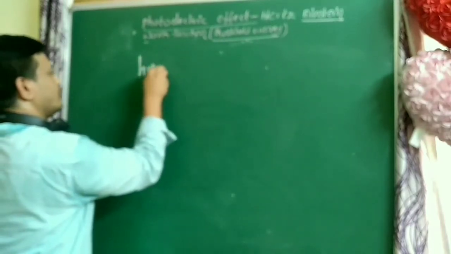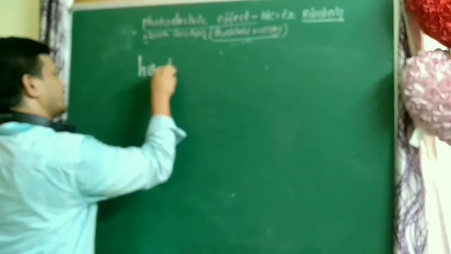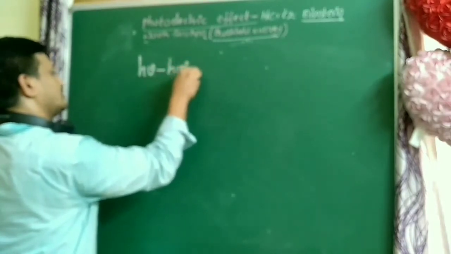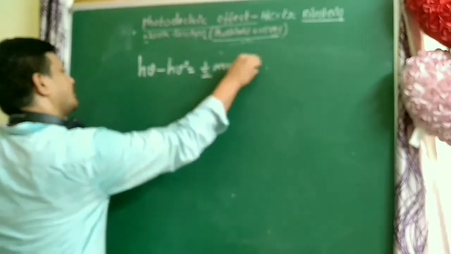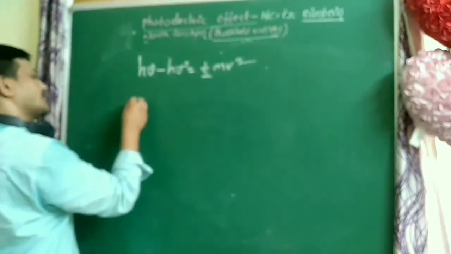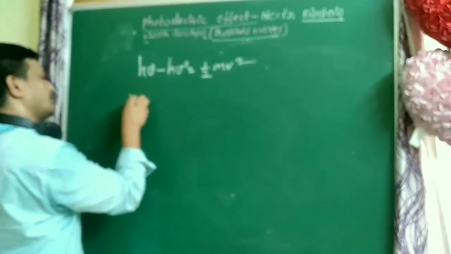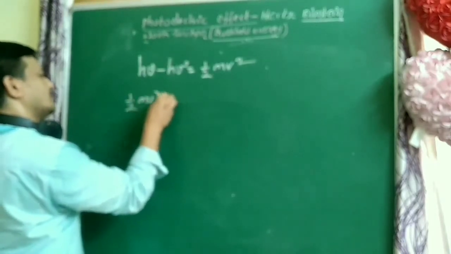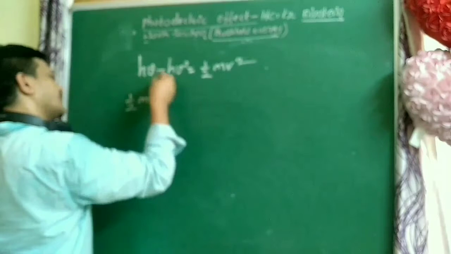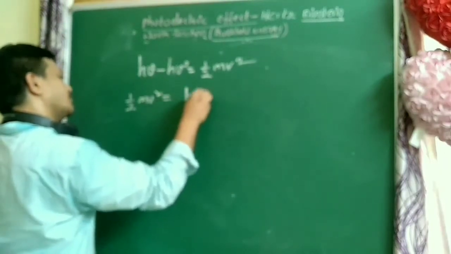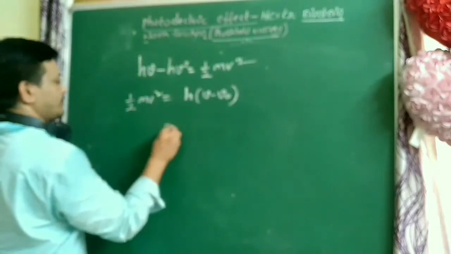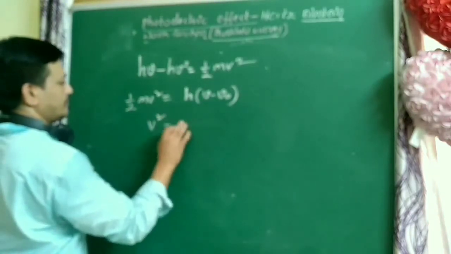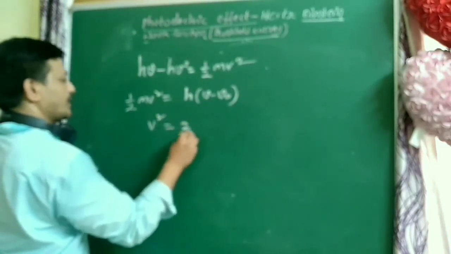So h mu minus h mu naught equals half mv square. So here v square equals, sometimes written in frequencies, h into (mu minus mu naught), and v square equals 2 by m.